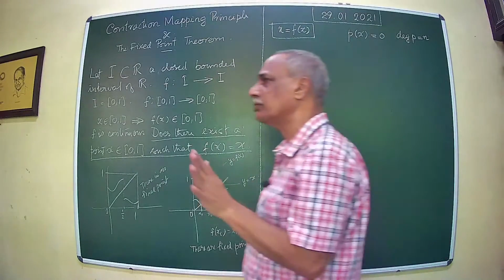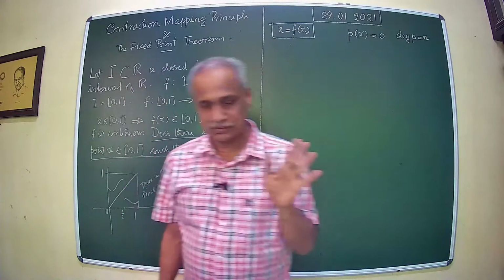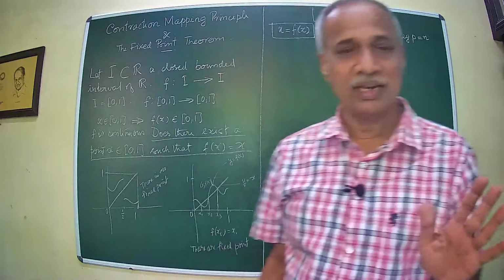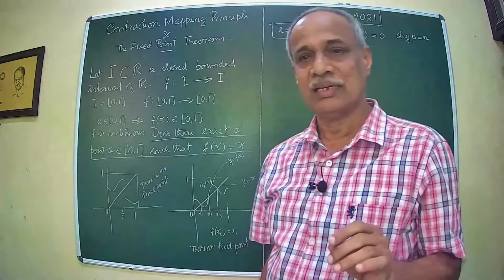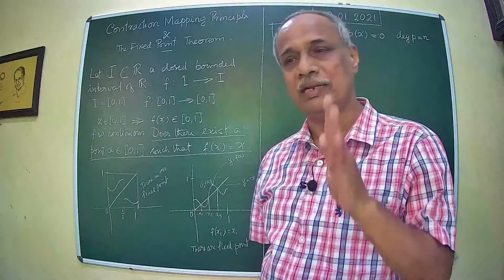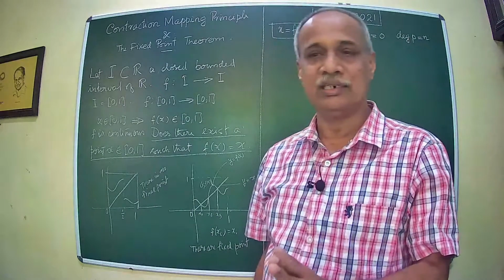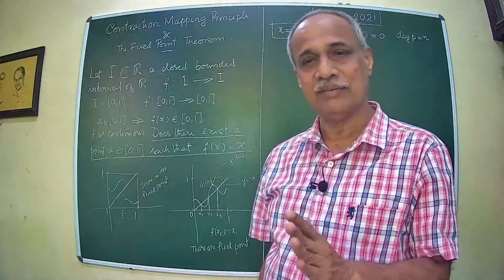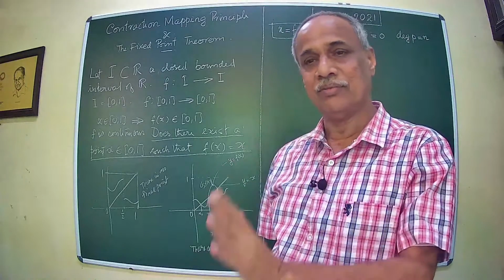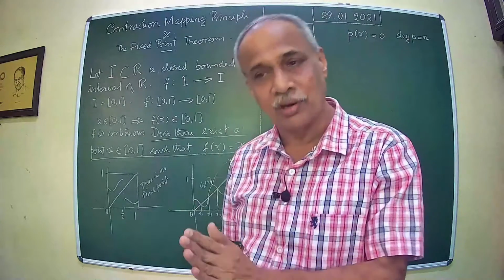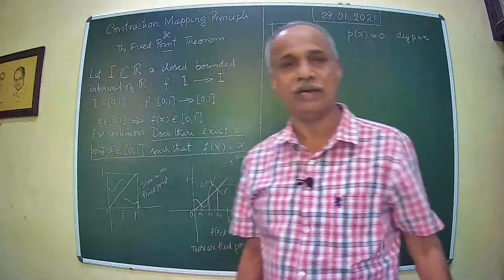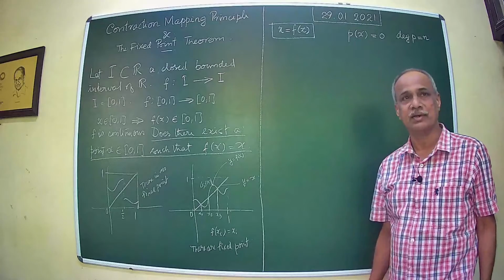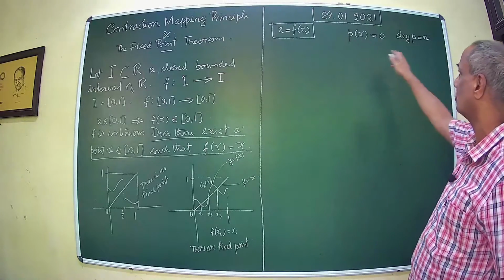Maybe if the degree of the polynomial is 1, it is easy. If the degree is 2, then it is easy. If the degree is 3, then also it is possible. And then it is 4, you can do it, but from 5 onwards, you cannot give a very general method for finding out the roots of this polynomial.